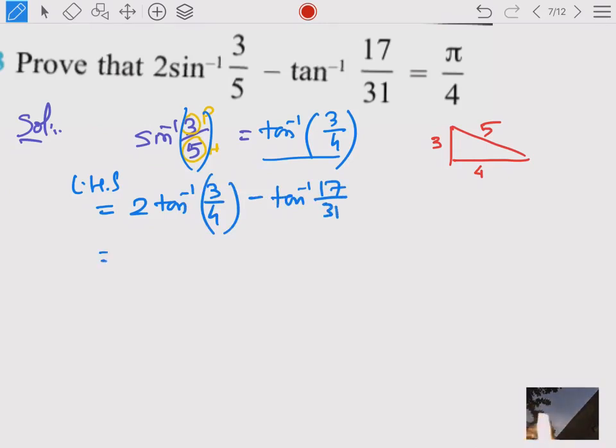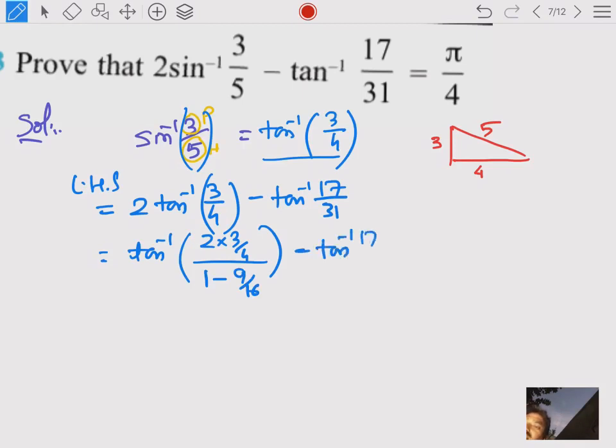Now which formula will we use? We know the 2 tan inverse x formula: tan inverse of (2 into 3 by 4) divided by (1 minus 9 by 16), minus tan inverse 17 by 31.